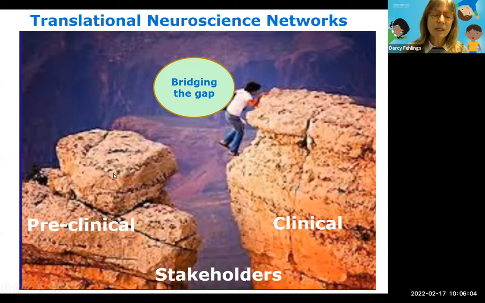We know there's a big gap between what's happening at a basic science and translational basic science level that is slow to trickle into clinical practice. And by forming these networks, we can create dialogue, set some common goals, and hopefully move research into clinical practice faster.